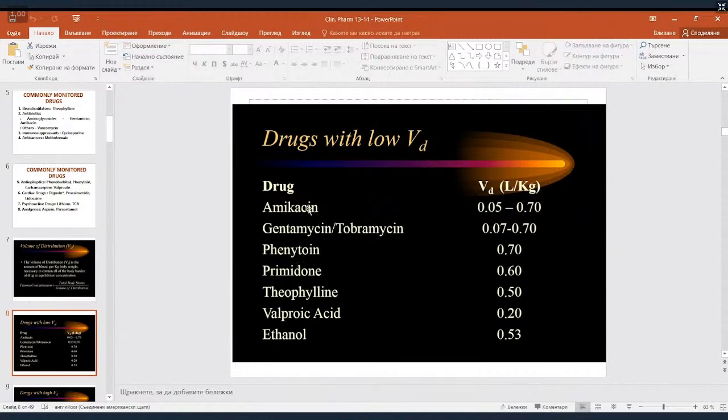So some examples are the aminoglycoside antibiotics like amikacin, gentamicin, tobramycin, some antiepileptic drugs like phenytoin, valproic acid, but also theophylline and ethanol, which is also a molecule or a drug with a low volume of distribution.